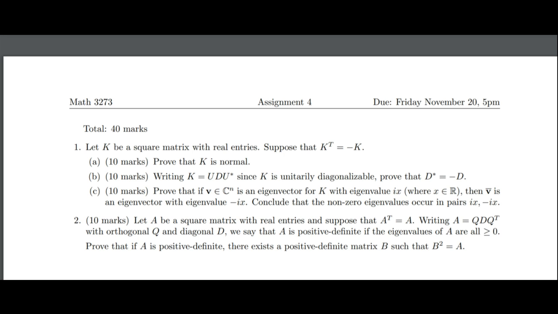Just to give you some ideas about this question, to check that it's normal: for a real matrix, a matrix with real entries, A star is just the transpose of A. So to check that K is normal, you need to check that K transpose K equals K K transpose.